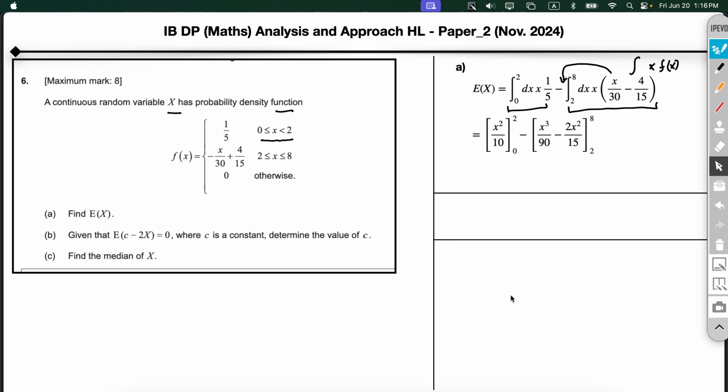So over the first domain from 0 to 2, the total probability would be 2 over 5. So 2 over 5 is less than half. So that means xm is greater than 2. So we have to find xm between 2 and 8.